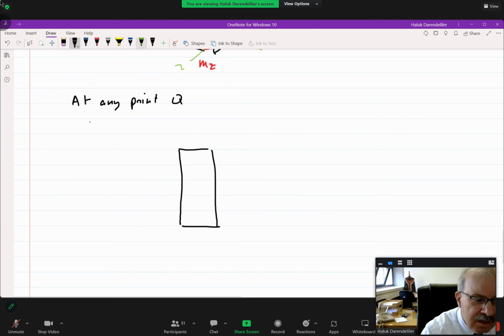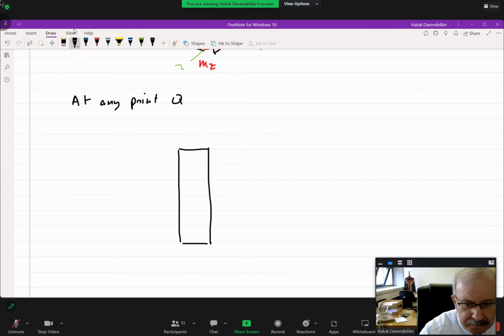Let me redraw it and extend it a little to clearly identify the figure. Say that this is a narrow beam, and these are the axes that we are using. Say this is Y, this is Z. Here is the centroid. At this cross section, we have a shear force Vy, and we have a moment Mz. It should be coupled with that. Now, I am looking at the shear stress at point Q here.